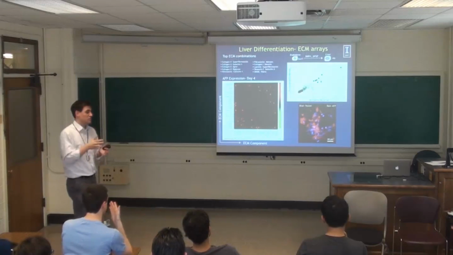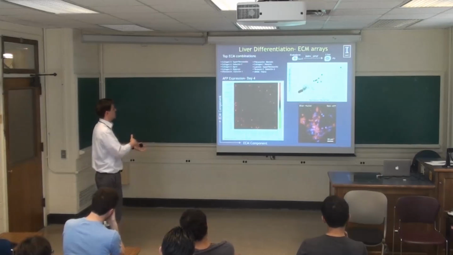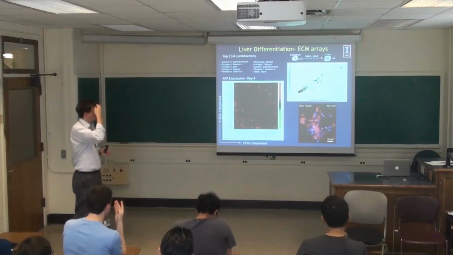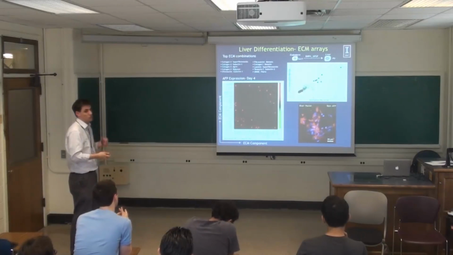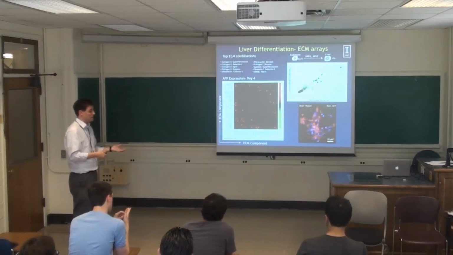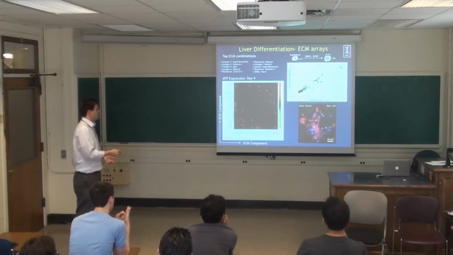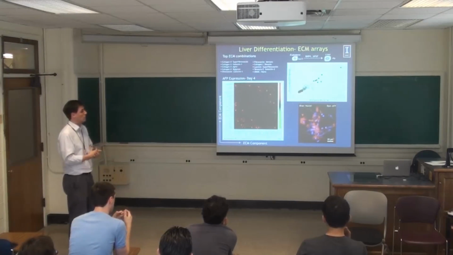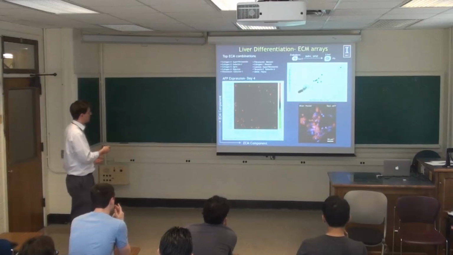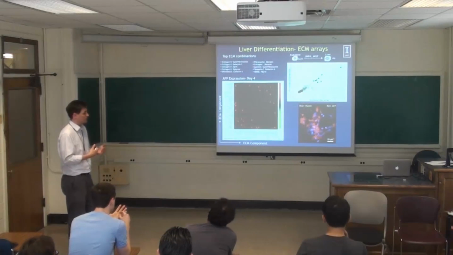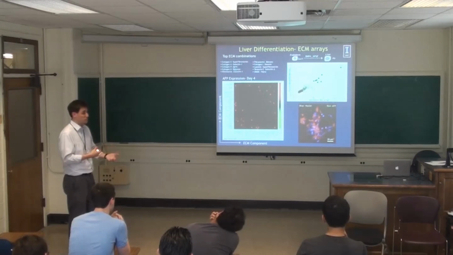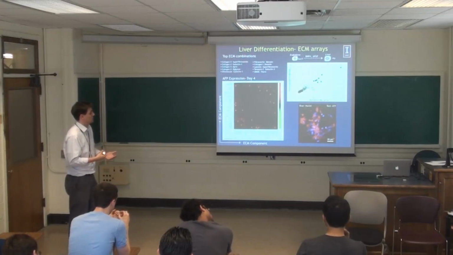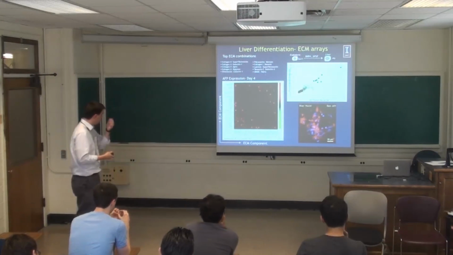But you can also look to see what is the quality of the differentiation towards the various lineages. Using antibody-based fluorescence staining, you can look for markers that are indicative of your differentiation one way or the other. This was data where we stained for a protein called alpha-fetoprotein, which is expressed by liver, so it's indicative of liver differentiation.